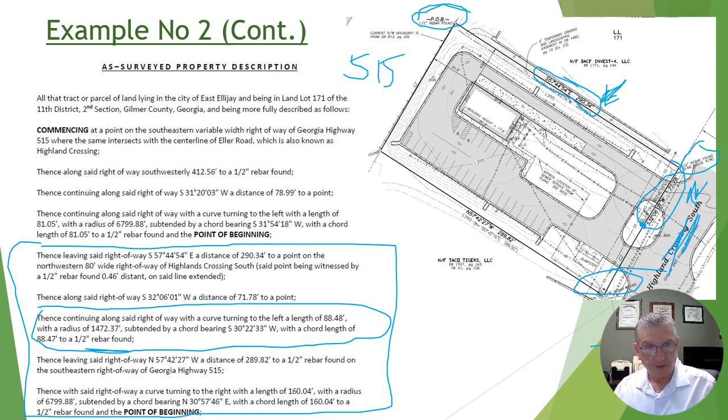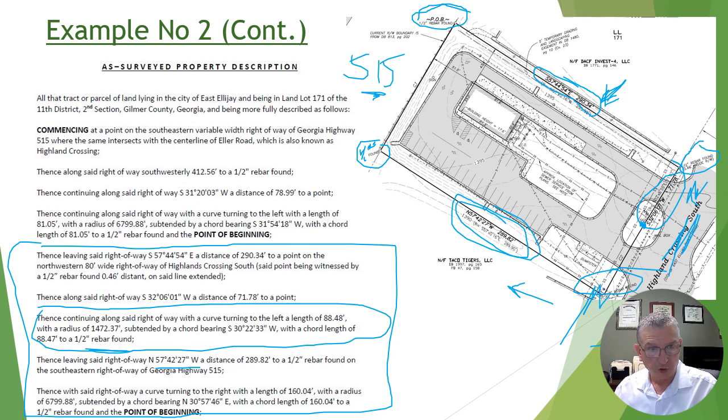Thence we're leaving said right-of-way, and we're going north 57 42 27 west, 289.82 feet. There's our bearing and distance where we leave the right-of-way and go northwest to a 1/2 inch rebar found on the southeastern right-of-way of Georgia Highway 515. So trust me, I cut that off, but it's a 1/2 inch rebar found on the highway right-of-way of 515.